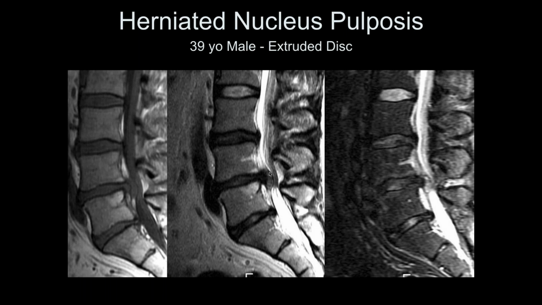So here we can see there's loss of the normal height, there's desiccation of the disc with loss of water, and this is a typical, more acute herniated nucleus pulposus, where we can see the water within that gelatinous component of the disc that's extruded beyond the annular fibers here.